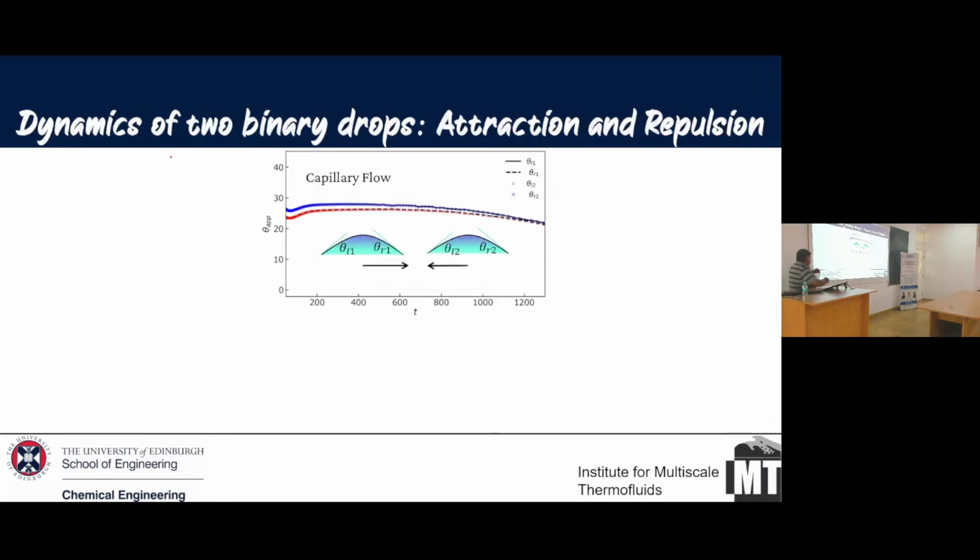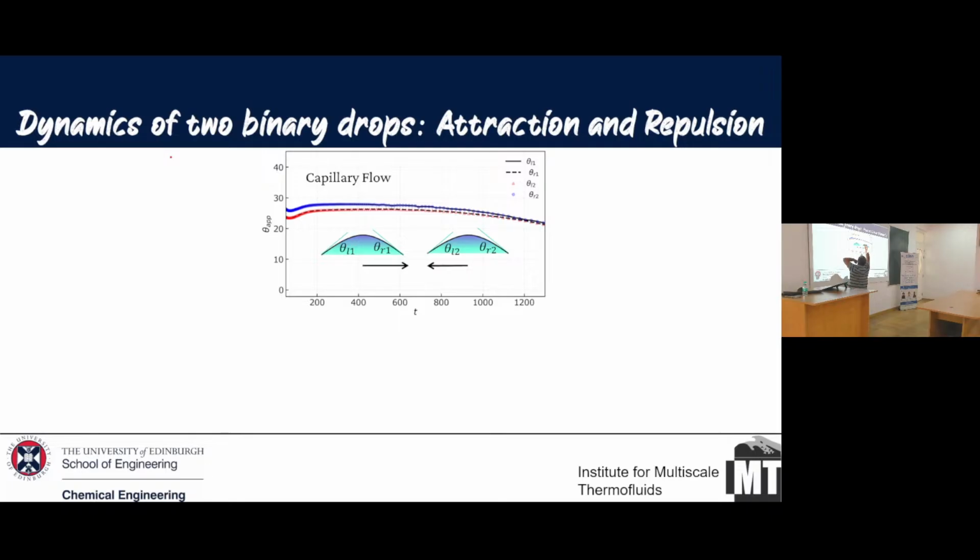Now we'll look at it very carefully, at what happens with these things. Since you've got two droplets, you've got four contact angles. We look at the contact angles which are looking at each other.